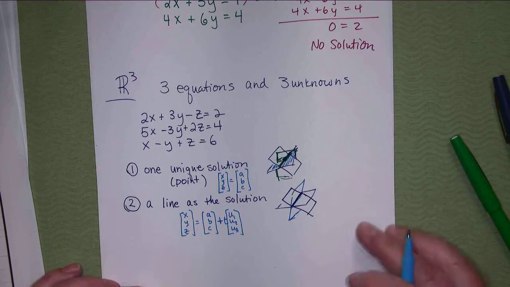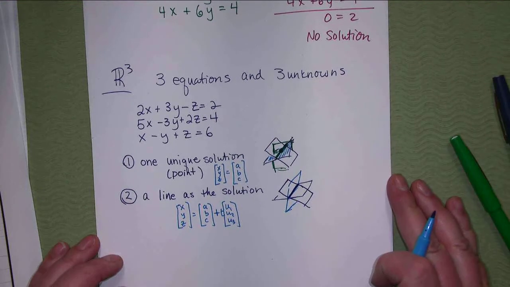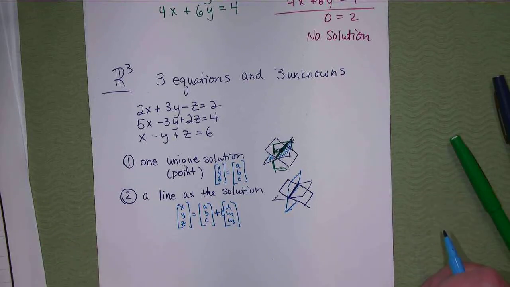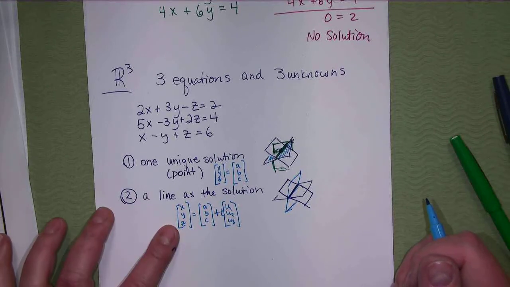Because we're going to be doing it all in vectors as the answers, right? So a line in 3 space is in vector or parametric form. We actually are going to start with parametric form and convert it back to vector form. But that would be a line.